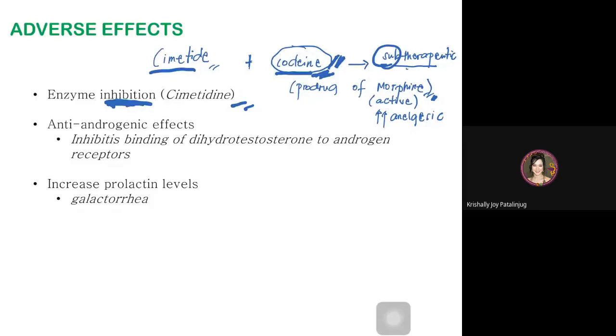Another thing, also for cimetidine, meron siyang anti-androgenic effect, because it is able to inhibit the binding of dihydrotestosterone to its androgen receptor. Ang pinaka manifestation ng anti-androgenic effect ng cimetidine is yung gynecomastia.